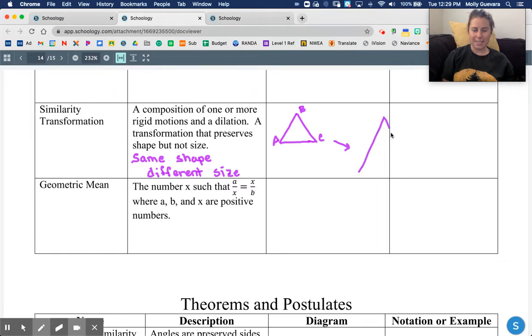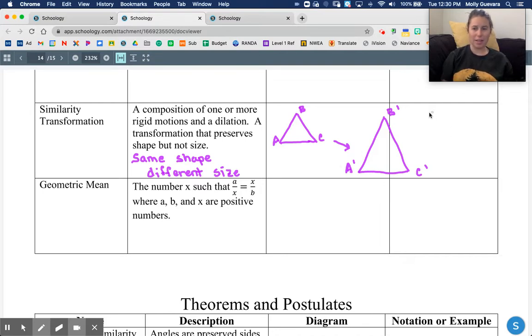So I can slide it over here to the right, and I can dilate it by making it bigger to A prime, B prime, C prime. So these two triangles are the same shape, they're just different size.